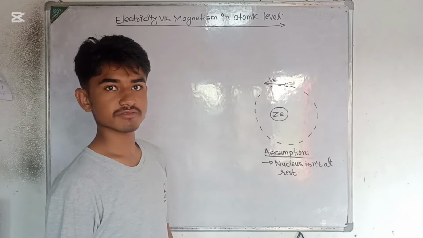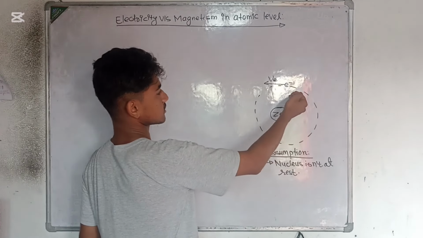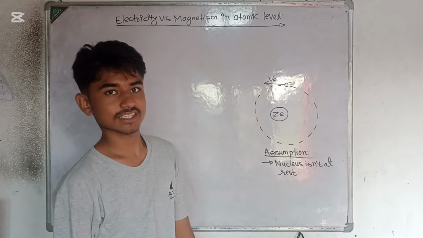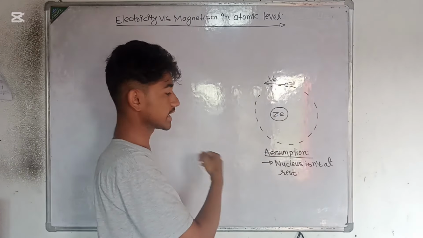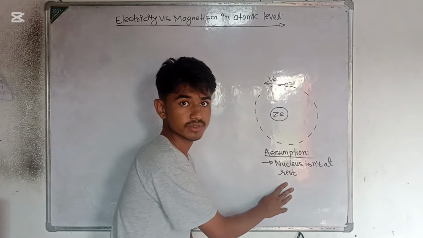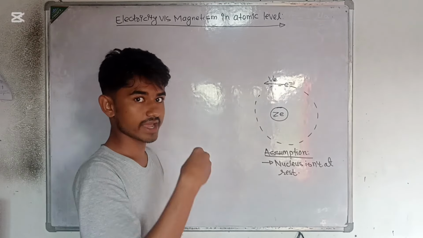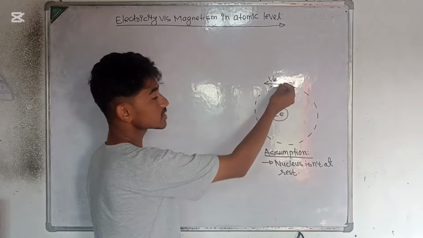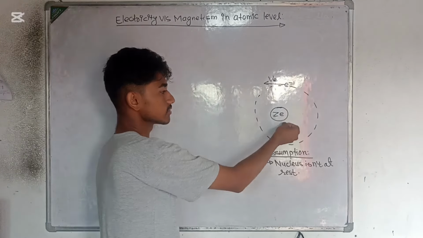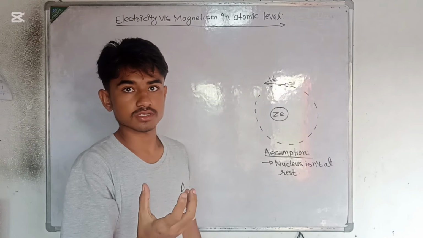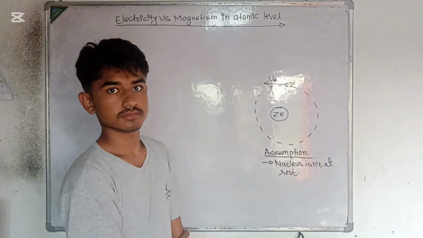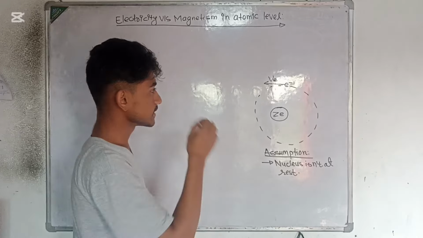Now I am starting from the classical idea, that is, an electron revolving around the nucleus, and I have made some assumptions. The nucleus is not at rest, because if it has to experience some magnetic force due to the electron, the nucleus must be in constant motion. It would have to have some velocity, right?